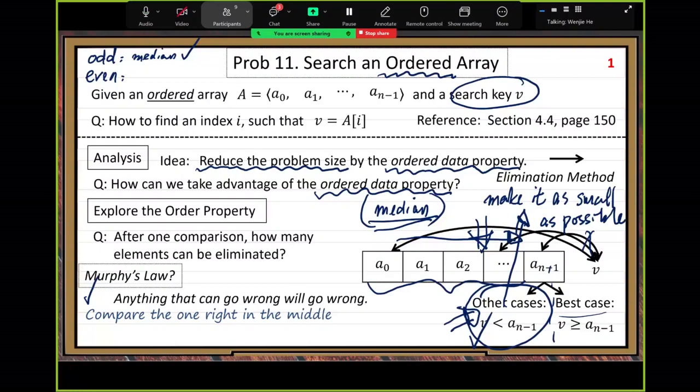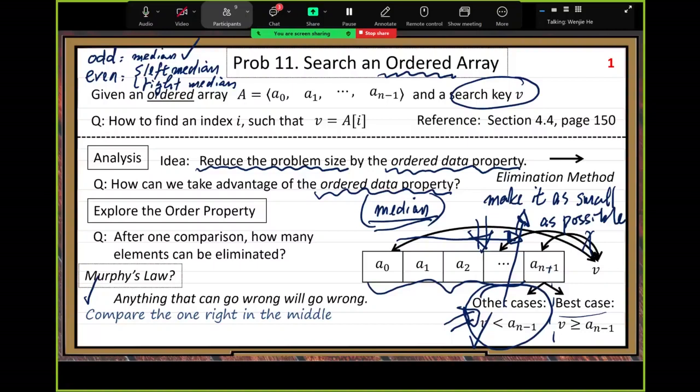In this case, we have two medians: the left median and the right median. But we want to make our discussion as simple as possible. Usually when we talk about the median, we don't want to specify left or right because it's too complicated.